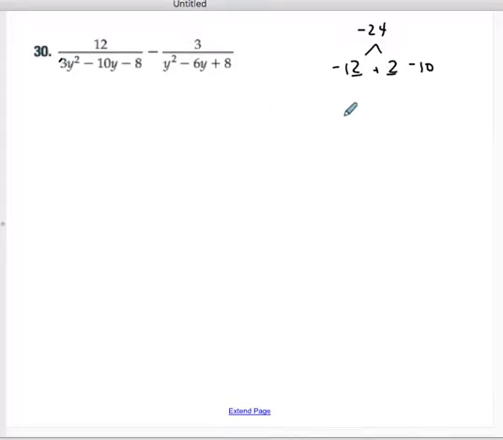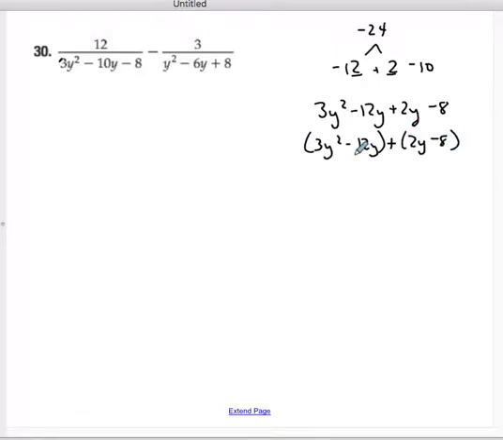If I expand this, 3y squared minus 12y plus 2y minus 8, and then group it and factor out my GCF, I get 3y times the quantity y minus 4 plus 2 times the quantity y minus 4.